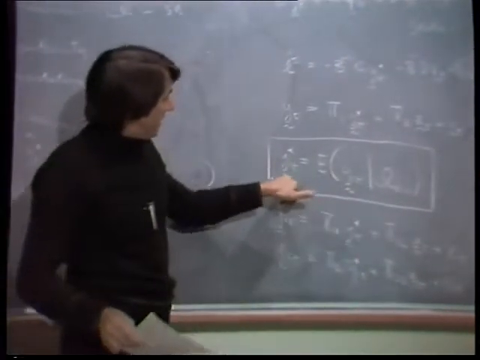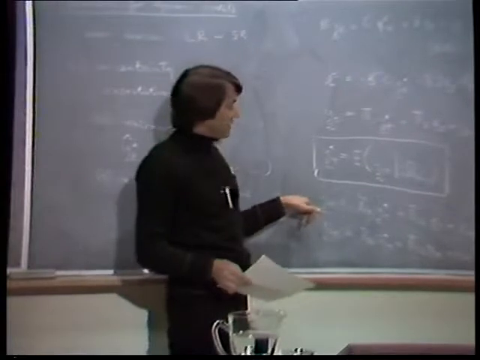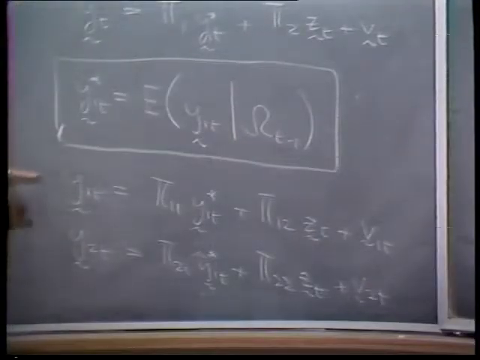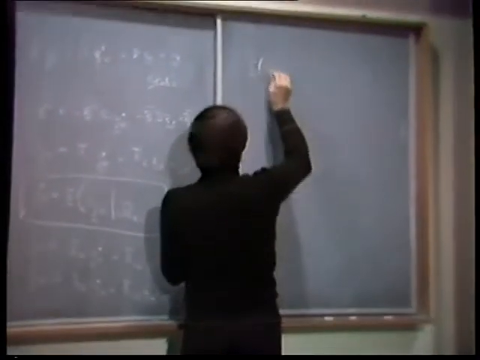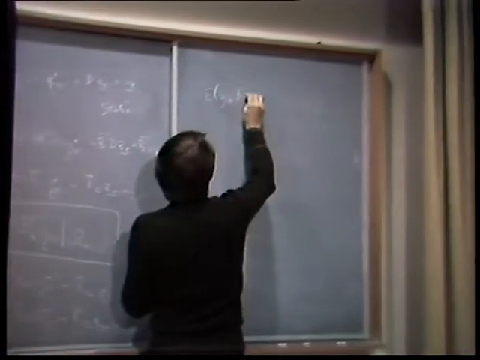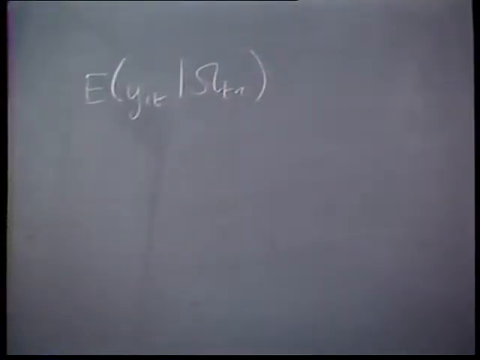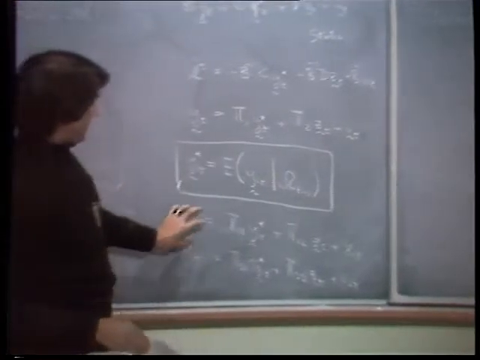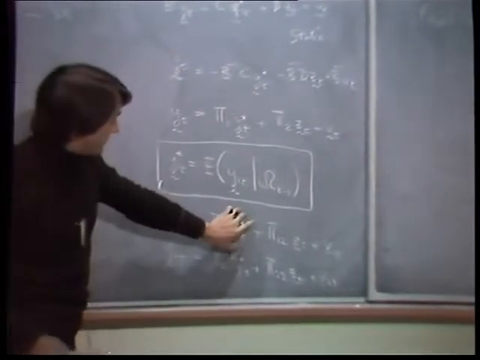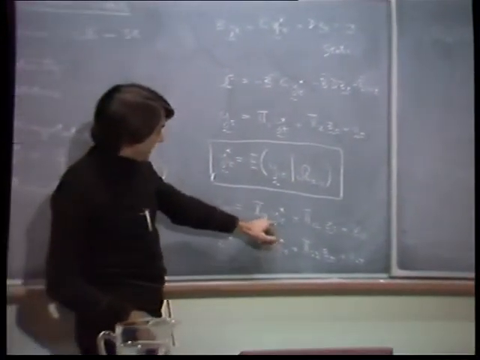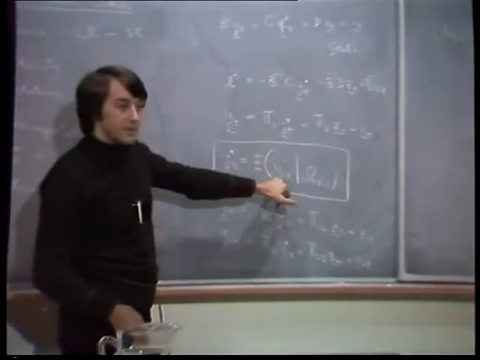So now, using this relationship, we can take the expectation of this first equation, or first set of equations, and we take the expectation of y1t conditional on all the information available up to time t minus 1. And because when we take that expectation here, we get that expression. But when we come to this first term on the right-hand side, this y1t star is in fact that same expectation.